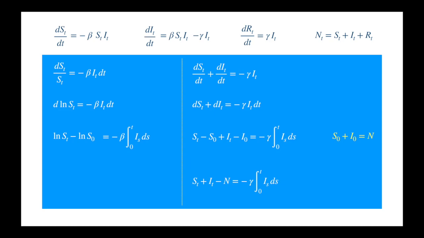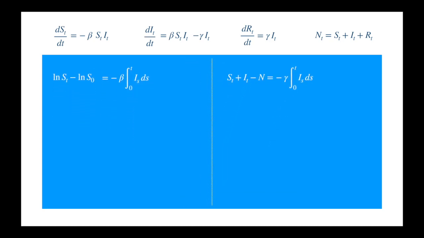We are interested in the integral of I, so we isolate it on the left hand side, and then substitute this expression in the main equation, which we can rearrange to get variables on the left hand side and constants on the right hand side. So we have the equation which we can use to generate the scatter plot of S and I.